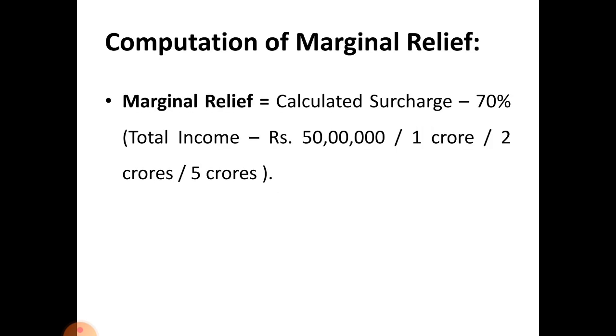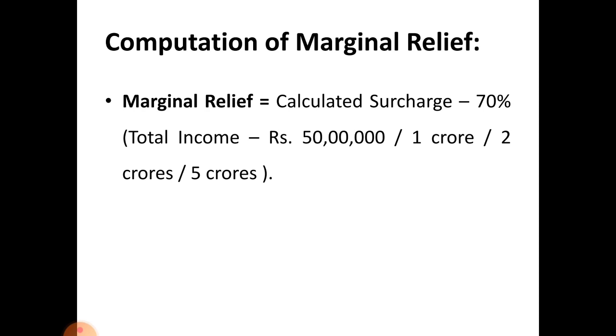The formula to calculate marginal relief is as follows. Calculated surcharge, that means tax calculated on the basis of the total tax payable by an assessee, minus 70% of total income minus 50 lakhs or 1 crore or 2 crores or 5 crores. If the total income is below 1 crore, total income minus 50 lakhs.